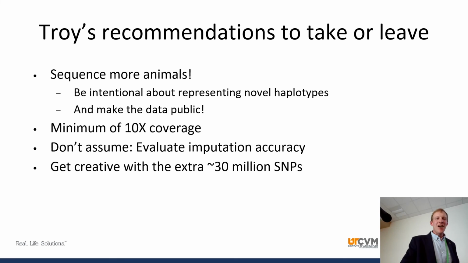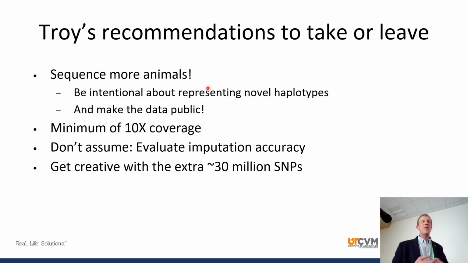So my recommendations, I guess, and I'll hop off my soapbox right after this, but we need to sequence more animals, right? I think we understand that the low pass wave is coming in, and imputation is at the core of that. We also have a ton of resources outside of low pass sequencing that would benefit from imputation from a research and discovery perspective.